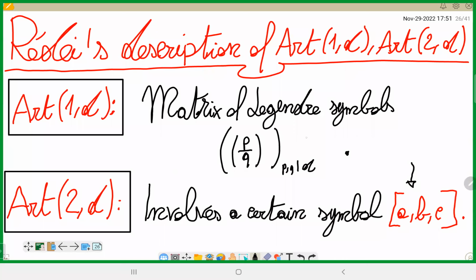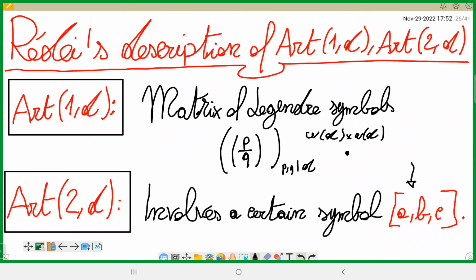It's called the Rédei matrix, and it's essentially the matrix of Legendre symbols p over q, where p and q are prime divisors of D. So this is an omega D by omega D matrix, where omega D is the number of prime factors, and the pq entry is p over q. It's a symmetric matrix for us because our primes are all 1 and 2 mod 4.